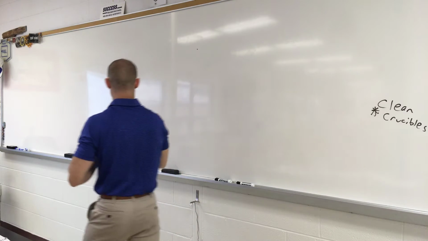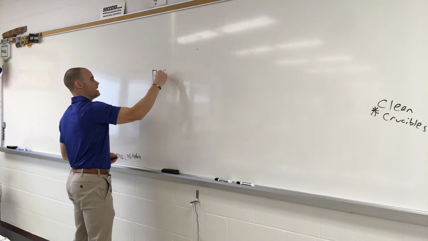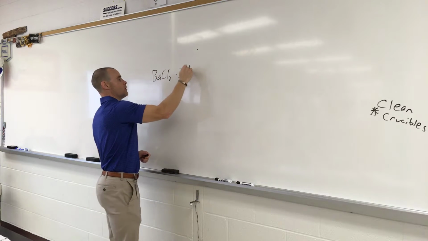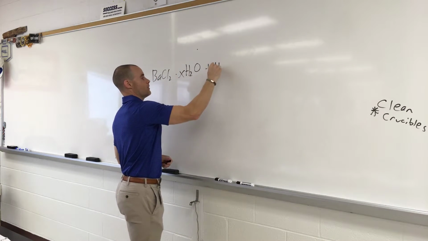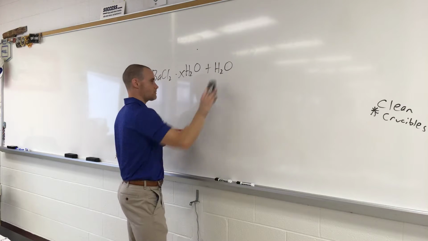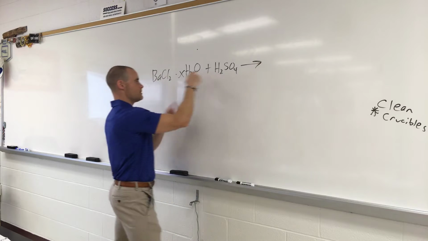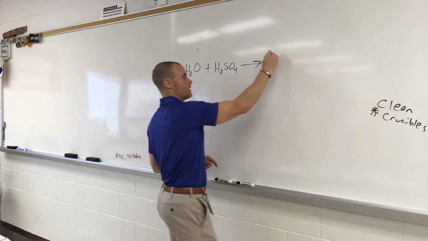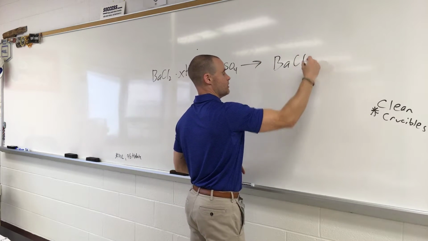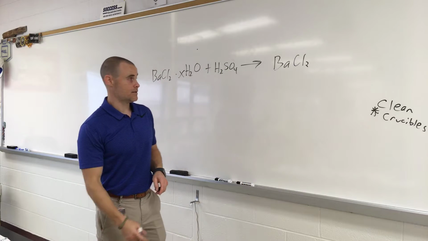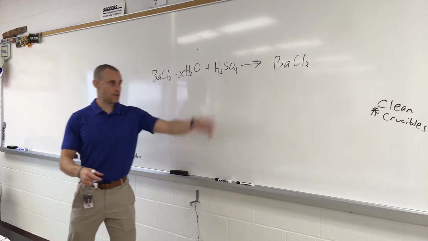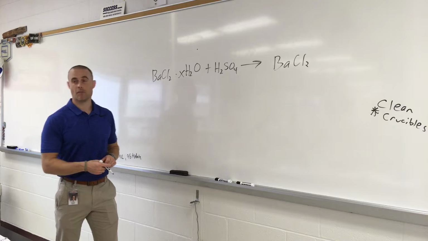So really what's happening is you have BaCl2·XH2O. You treat it with sulfuric acid, H2SO4. So these two react. Now you're going to get BaCl2. There might be other products, but I don't care about that.